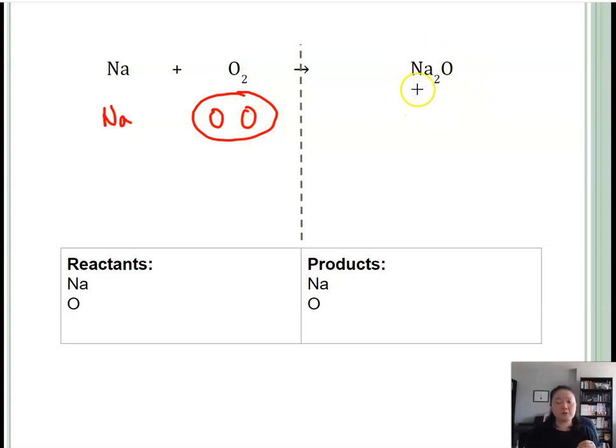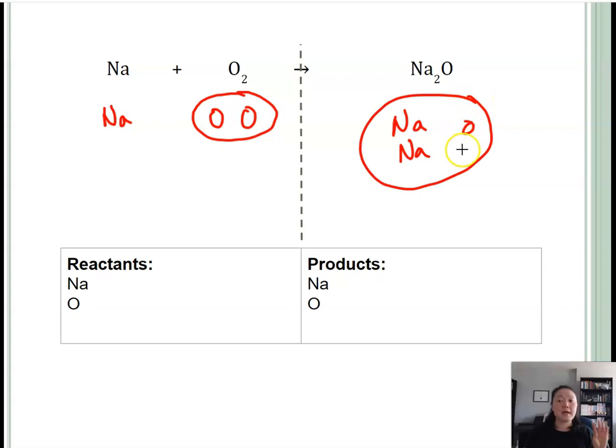In this particular case, you have sodium oxide, and one sodium oxide is made up of 2 sodiums and 1 oxygen. So if we take a look at our reactants, we have 1 sodium. In our products, we have 2 sodiums. In our reactants, we have 2 oxygens, and we have 1 oxygen. So you can see that it's not balanced.